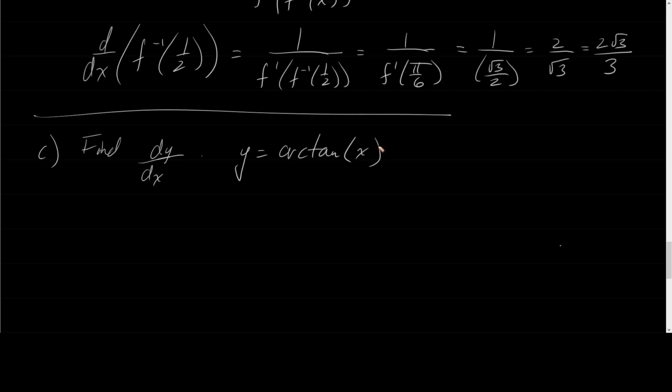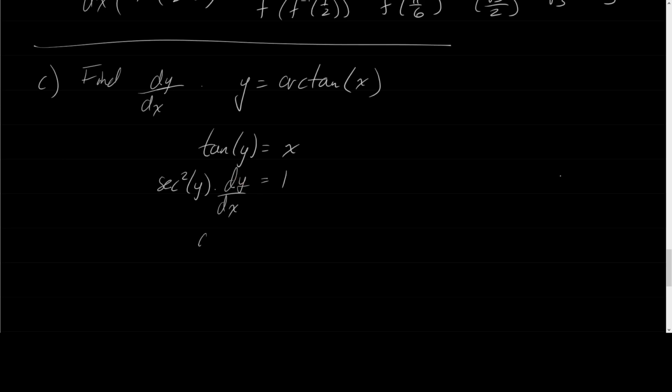If I take the tangent of both sides, I end up with tan of y is equal to x. If I take the derivative of both sides, well, I get that side is equal to 1. On this side, the derivative of tangent is secant squared, but then by implicit differentiation, I end up with dy dx. So at this point, this tells me that dy dx is 1 over secant squared of y.